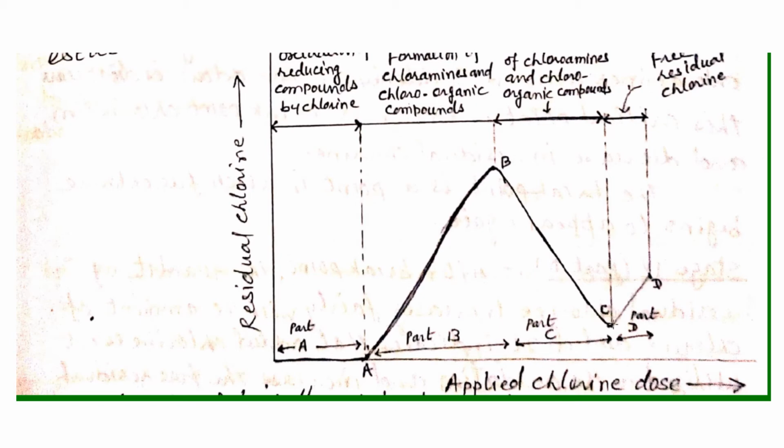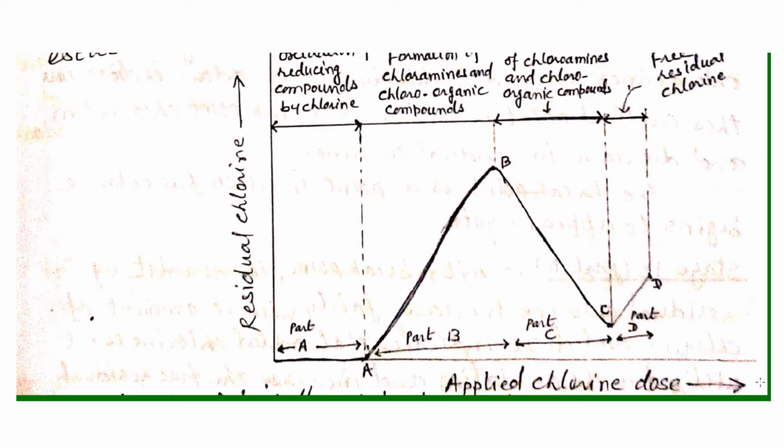So at point C, this is known as the breakpoint chlorination, where we can say the water is safe for consumption. And from point C to D, if we add a little more applied chlorine, it will show corresponding residual chlorine as free chlorine.